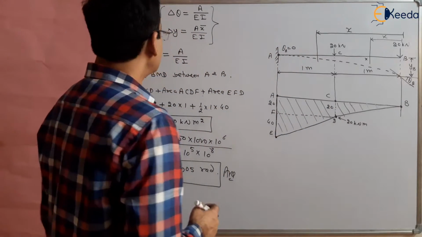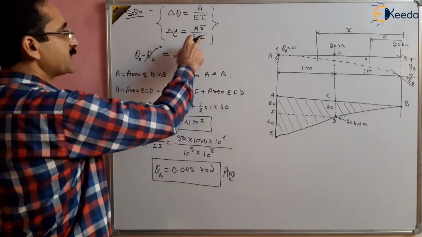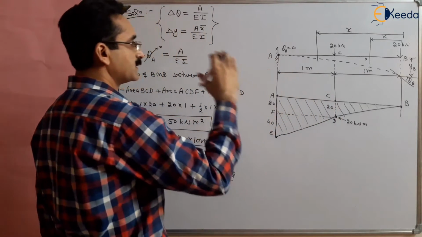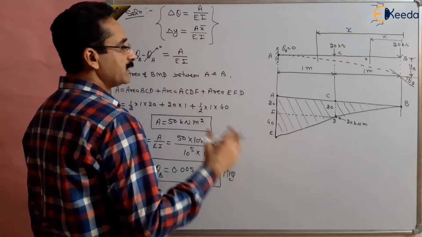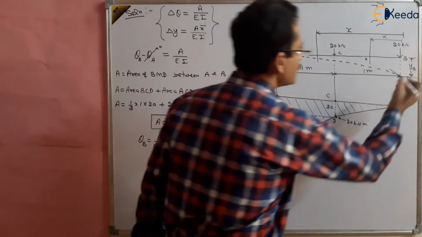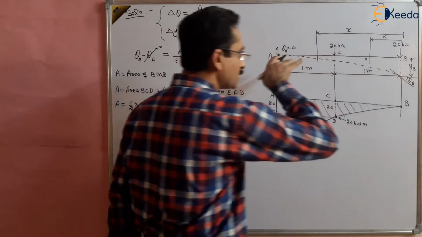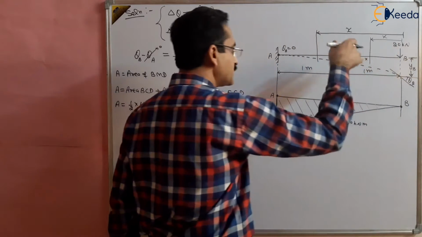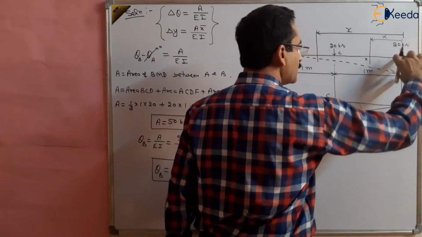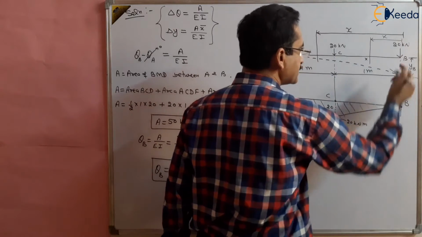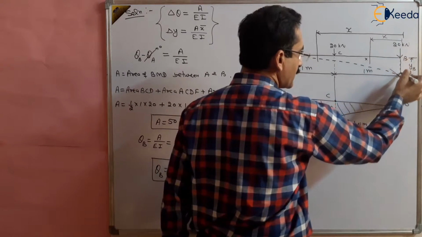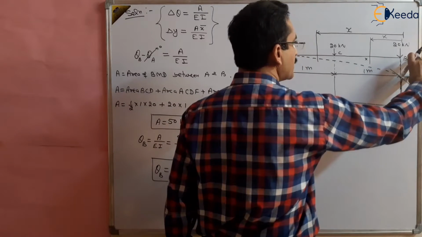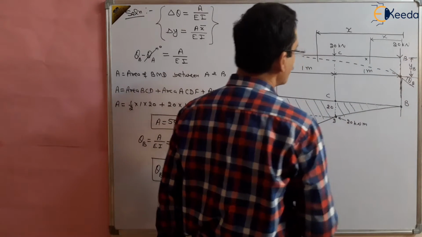For YB we have to apply Moore's second theorem. We have to choose points so that one of the tangents passes through this point B, and another tangent passes through another point, so that the difference of the tangents at this vertical axis, our reference axis, gives the deflection which we have to find out, right?